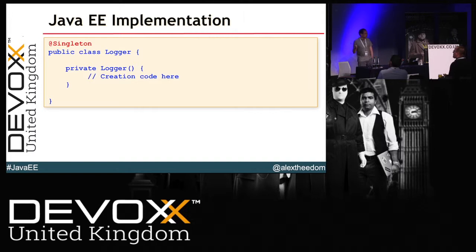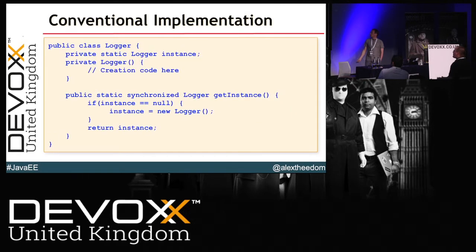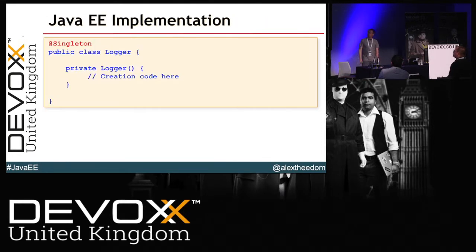This is what we do in Java EE. Okay? With this single annotation, we have reduced substantially the amount of code necessary to create our singleton. Here, we are creating exactly the same singleton as we created here, but with substantially less code.